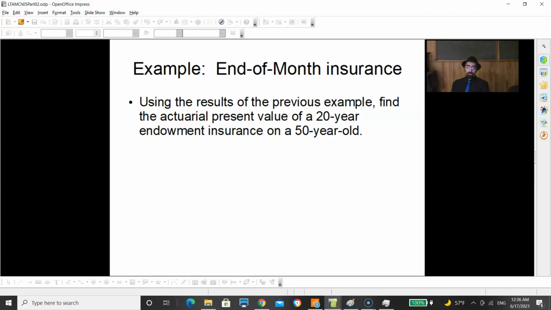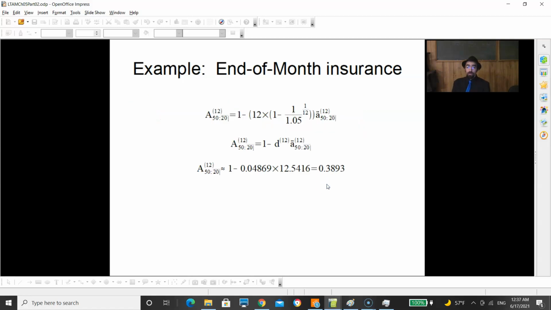So if we had to use the results of the previous example to find the actuarial present value of a 20-year endowment insurance on a 50-year-old, well, we know that A super 12 50 colon angle 20 is 1 minus d super 12 times a double dot super 12 50 colon angle 20, right? We can just use the annuity insurance formula. And so we get that it's 0.3893.